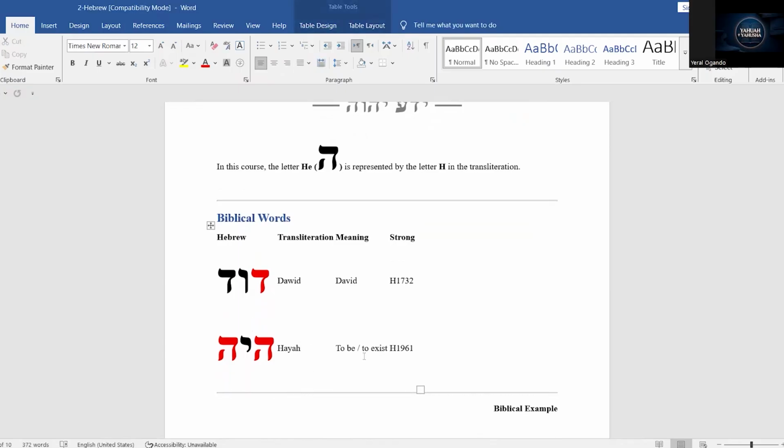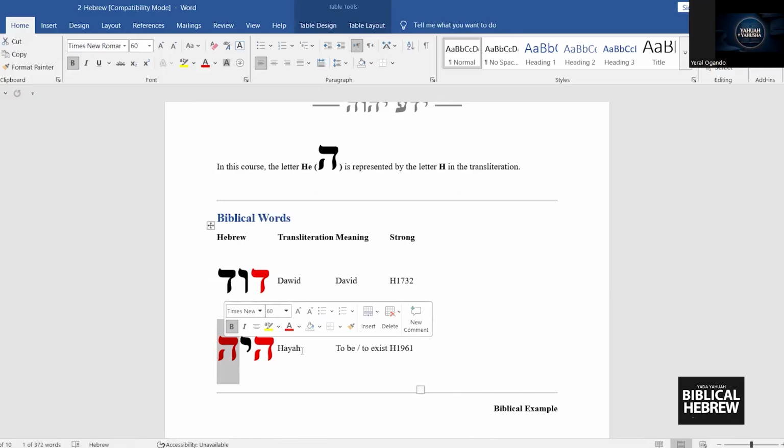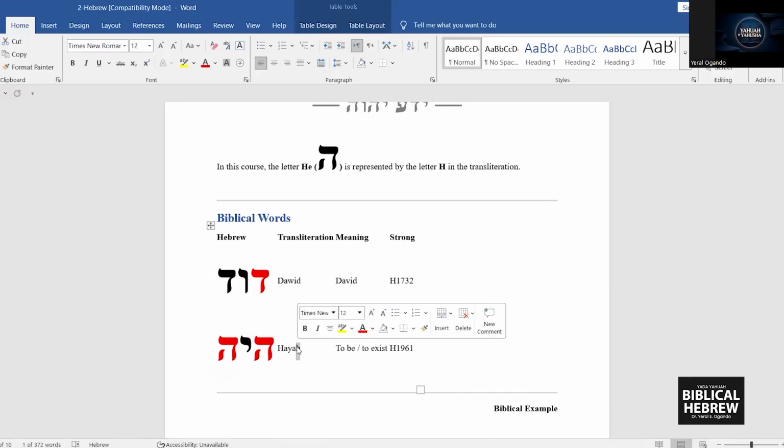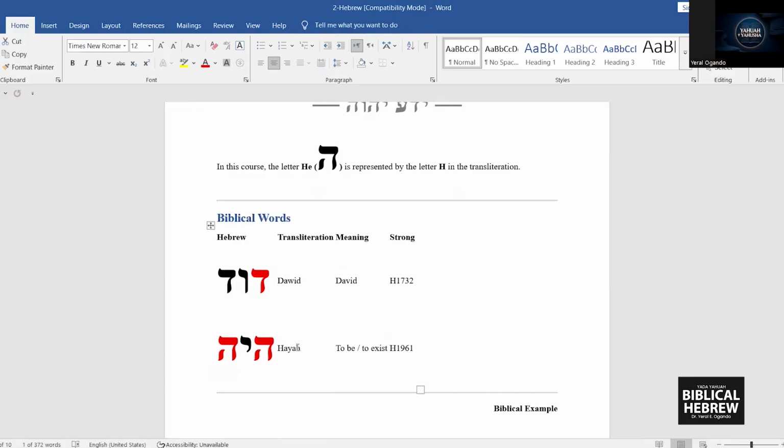Haya is to be, to exist. You can find it in Strong's 1961, and Dawid in Strong's 1732. Haya: soft H sound, Ha, the Y sound pronounced like E, and the A sound. Since it is at the end, you don't pronounce the H, only the A. Haya, which is to be or to exist.